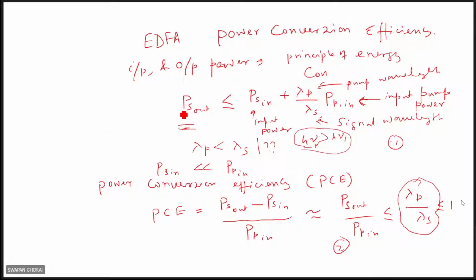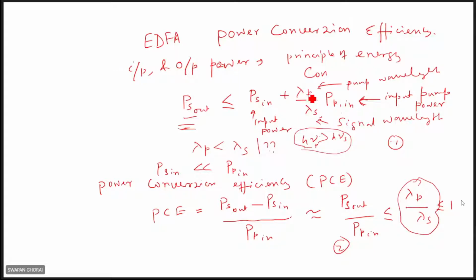And you see power conversion efficiency. The power of the amplified signal comes from the pump energy. If you see the conservation of energy, the output signal will be the input signal plus the pump signal.